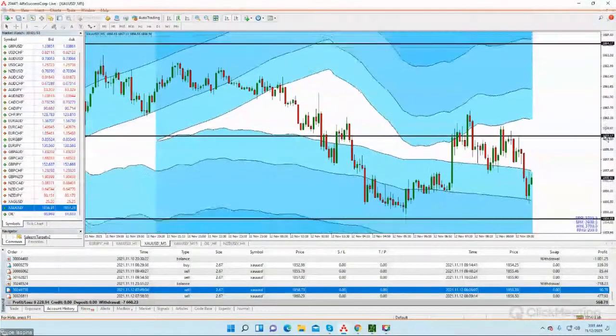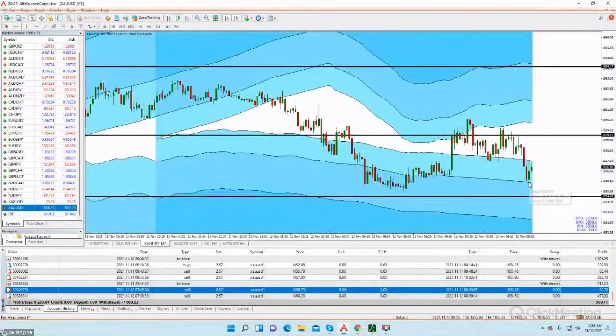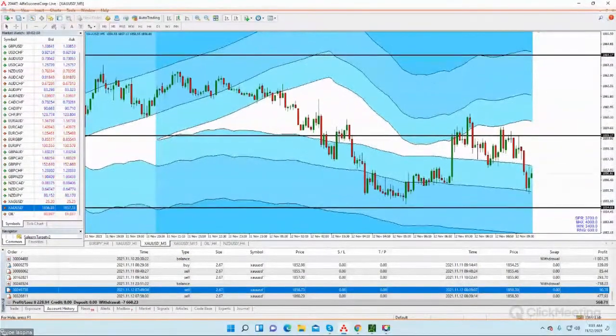Like you can see, you want a long right here, 855. This is a very good price. So this way, maybe your target here or here.